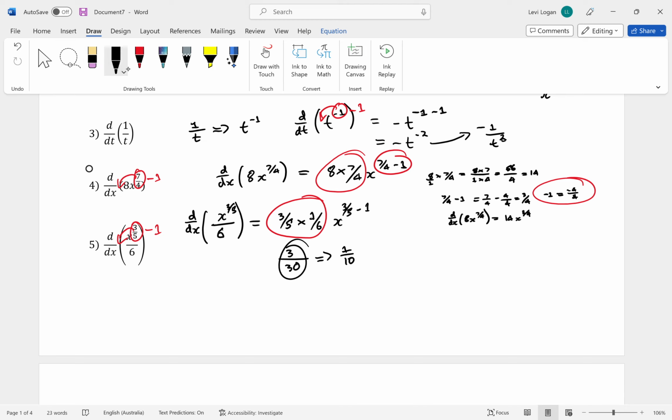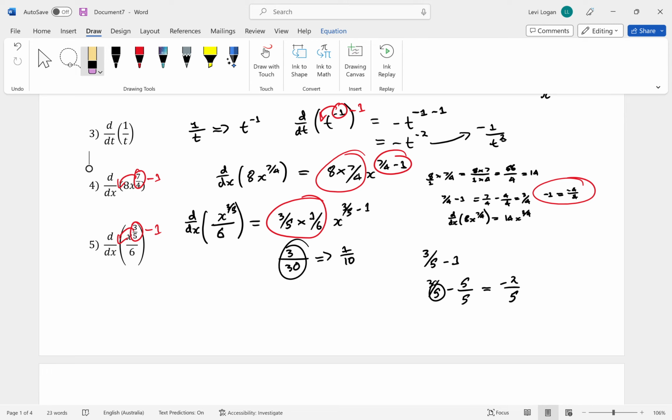Now we're going to do 3 over 5 minus 1. We're going to use the fact that we know from before. So we're going to change negative 1 to negative 5 over 5, because the bottom of the fraction is 5. 3 minus 5 is negative 2, so we're going to have negative 2 over 5.